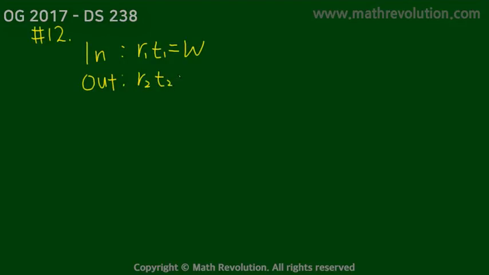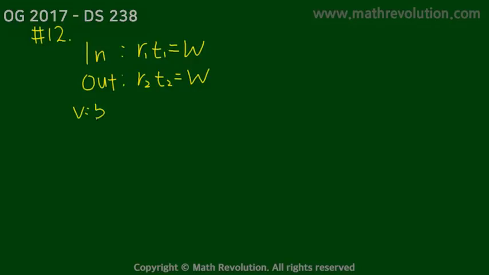Let's take a look at question number 12 of the DS section in the 2015 official guide for GMAT. In this question, there is a tank with a pipe going in and a pipe coming out. The one going in has some rate in which the water goes in times time that does some sort of work. And then there's another work rate for the out pipe that takes time to do a W amount of work.